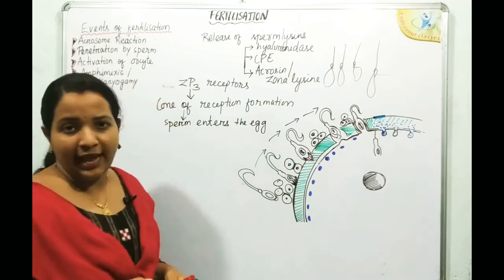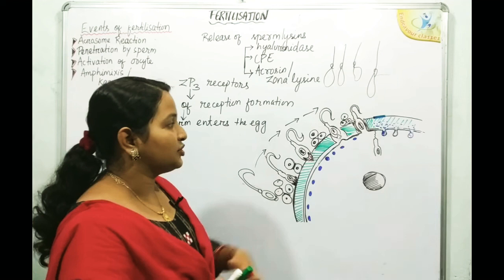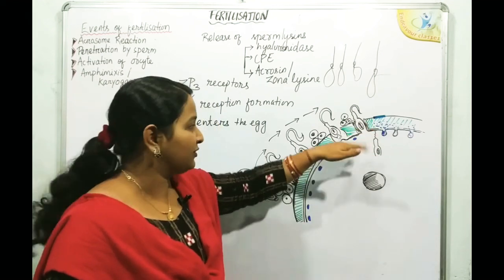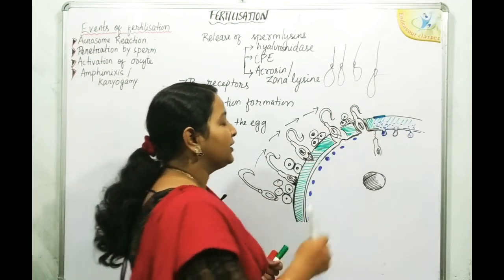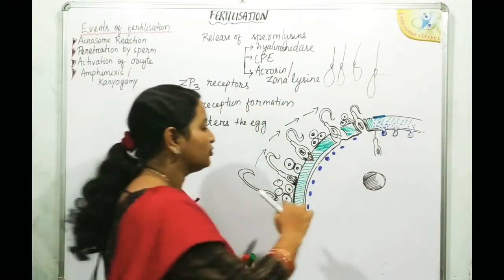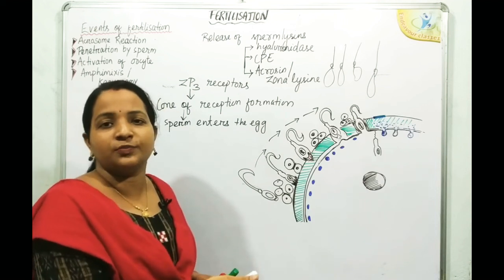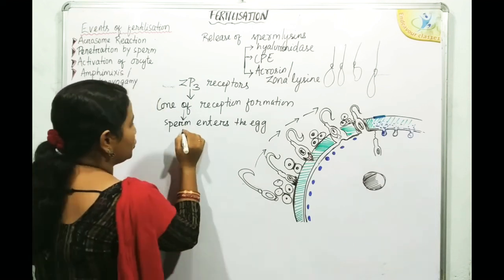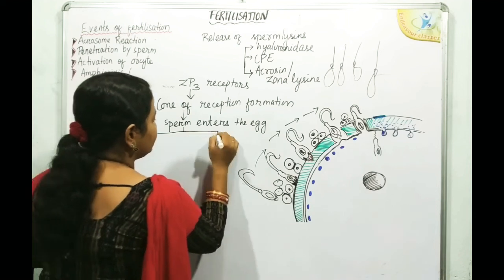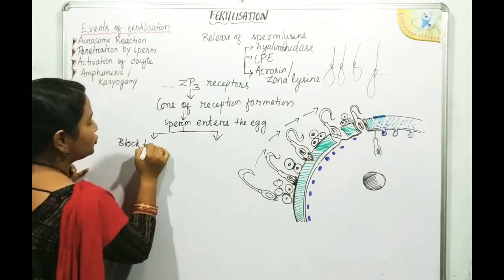So now what will happen? Immediately after the entrance of the sperm, there will be a structural modification over this membrane to block the entrance of further sperms. So there is block to polyspermy.